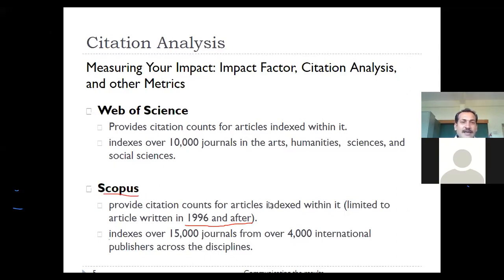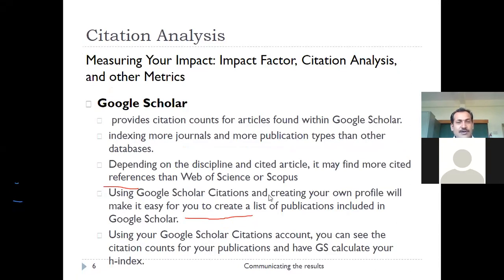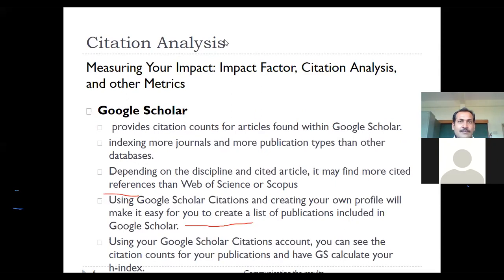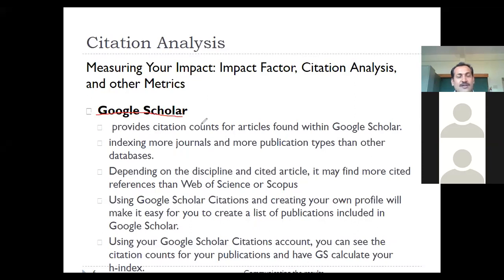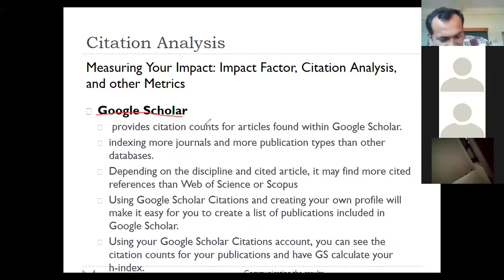Now, the next is Google Scholar. Google Scholar is relatively even newer than Web of Science or Scopus. Google, in the last few years, or you can say the last decade, started this facility of Google Scholar, where profiles of Google users are created, and the research articles published by a particular researcher are cited, and their citations are counted in Google Scholar.